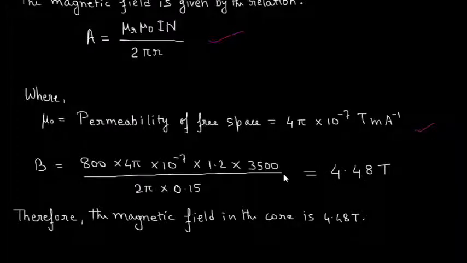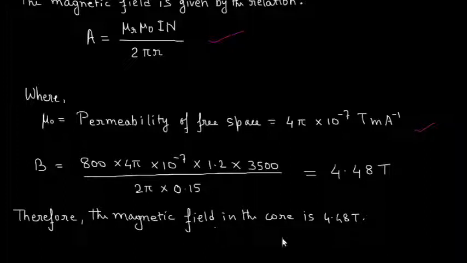Putting the values, we get B is equal to 800 multiplied by 4 pi multiplied by 10 to the power minus 7 multiplied by 1.2 multiplied by 3500 upon 2 pi multiplied by 0.15, which is equal to 4.48 Tesla.